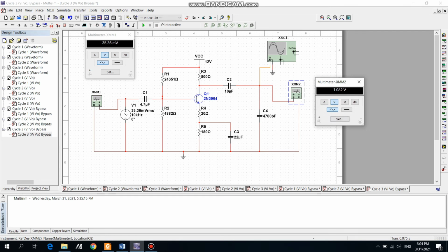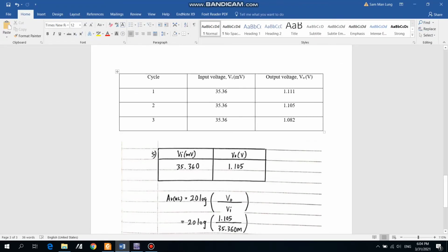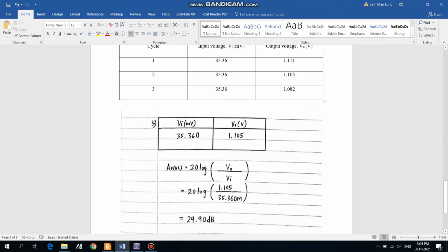So after we measure the values, we put them into the table, cycle 1, cycle 2, cycle 3. So we observe that the input voltage is similar, and the output voltage is almost the same, only slightly different because of the difference of the capacitors' values.